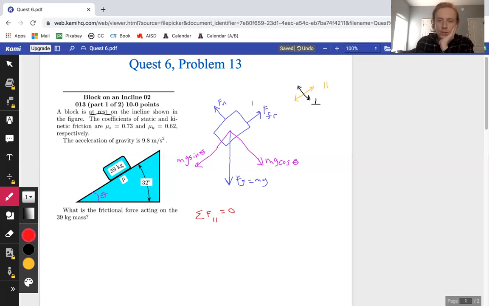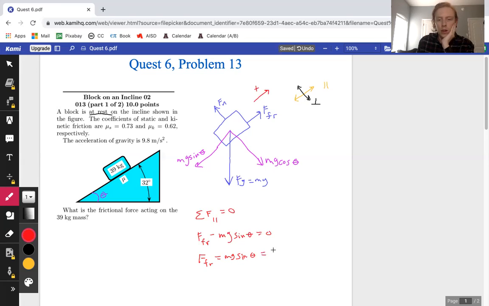If we call up the ramp as positive, that means we have the force of friction minus the component of the weight force that's parallel, which is mg times the sine of theta, and that must equal 0. So in this case, the frictional force is equal to mg sine theta.